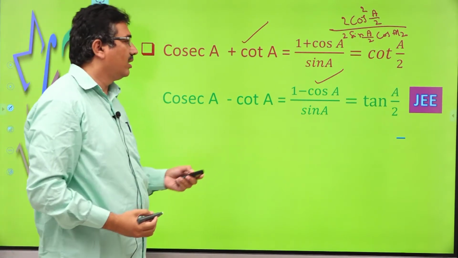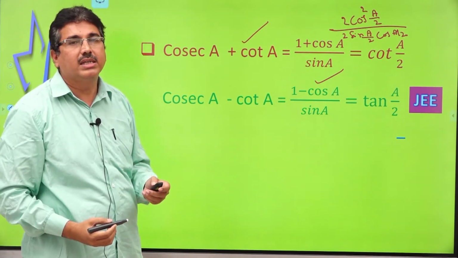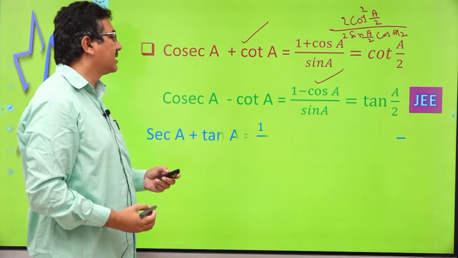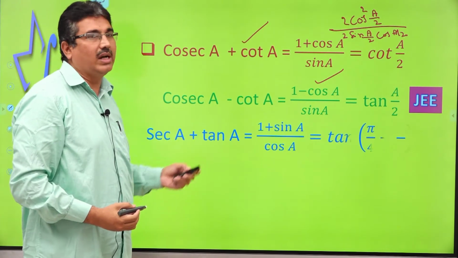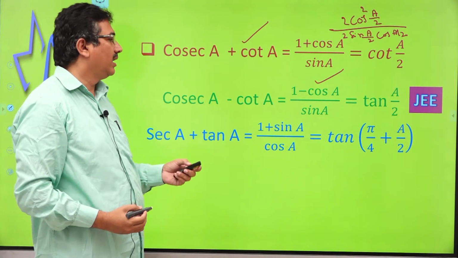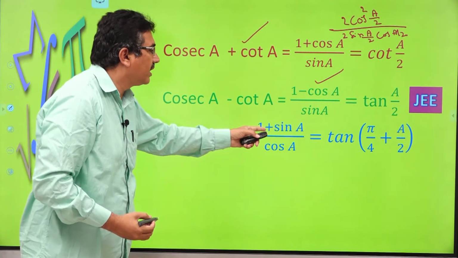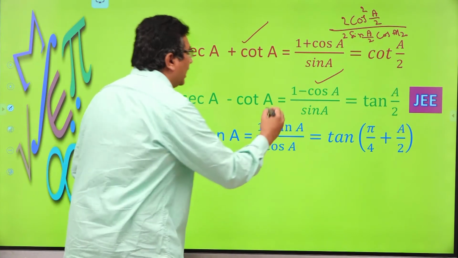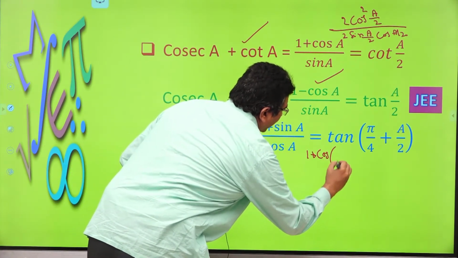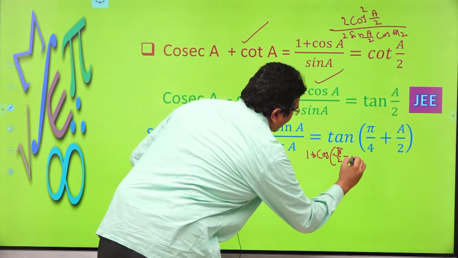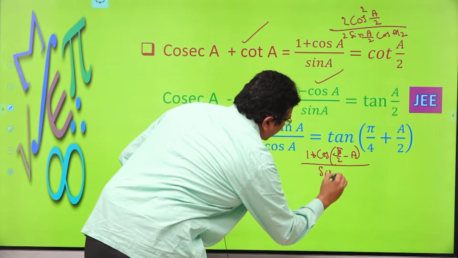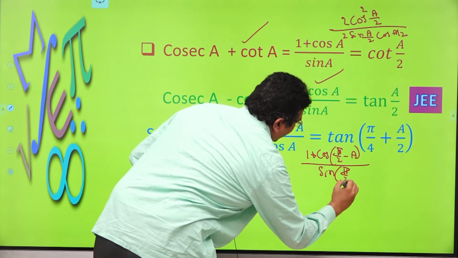Right. Now, what is the value of secant A plus tan A? Secant A plus tan A is equal to (1 plus sin A) by cos A. Right. From this, 1 plus sin A can be written as 1 plus cos of (pi/2 minus A), divided by cos A. Cos A can be written as sin of (pi/2 minus A).